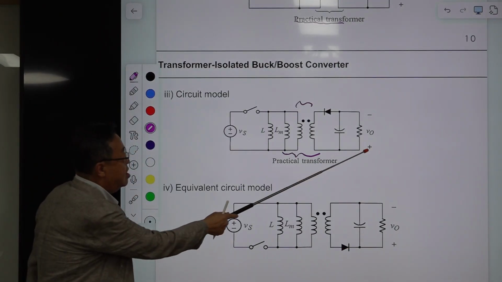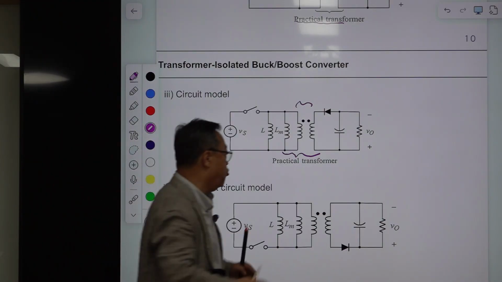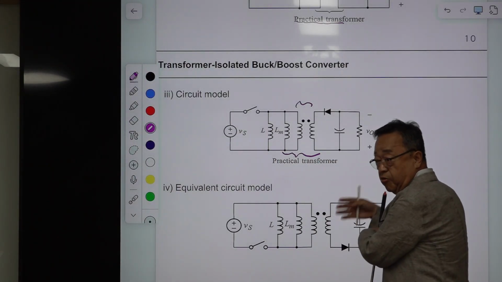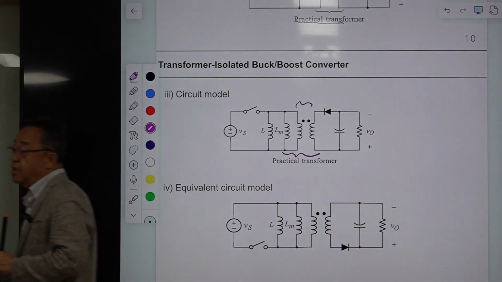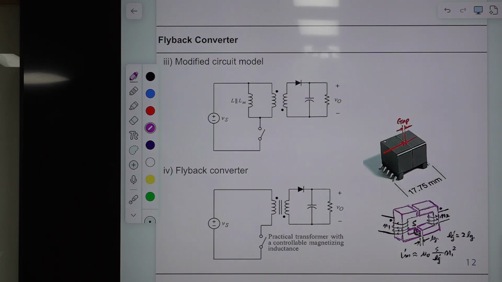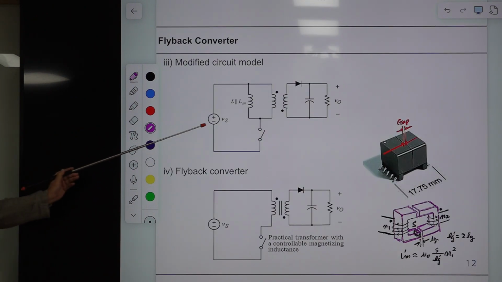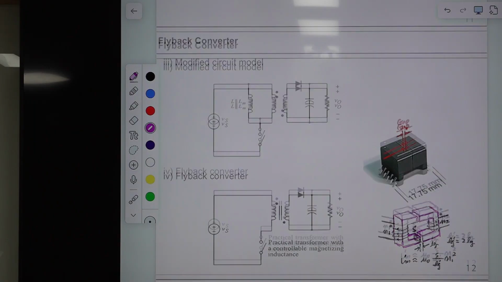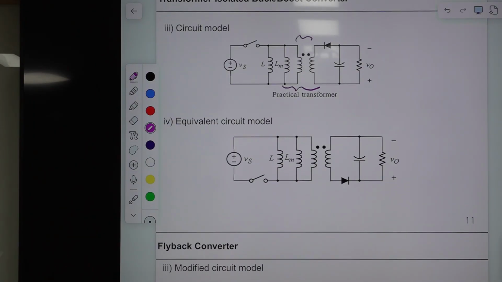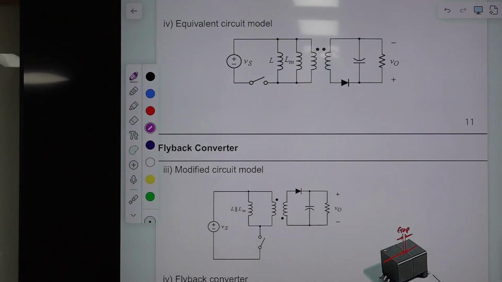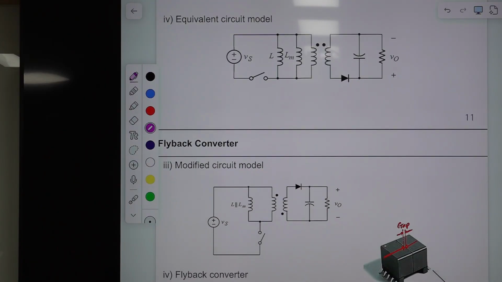The polarity is plus minus. Then you flip this secondary side without changing any circuit operation. Then you obtain this. These two inductors: this L was the inductor of the buck-boost converter, and the Lm is the magnetizing inductance of the transformer.